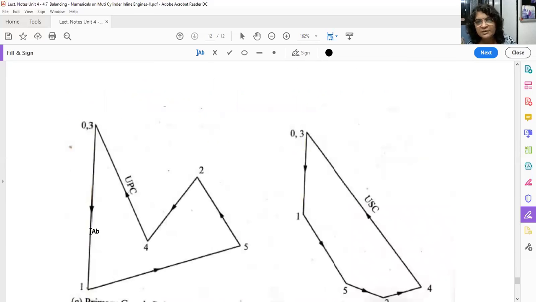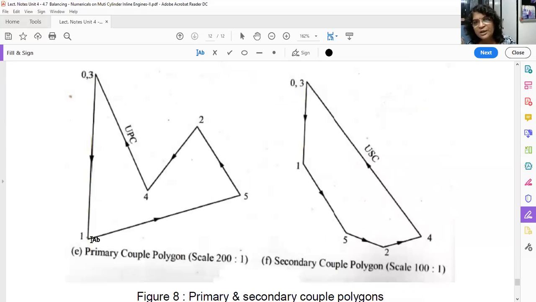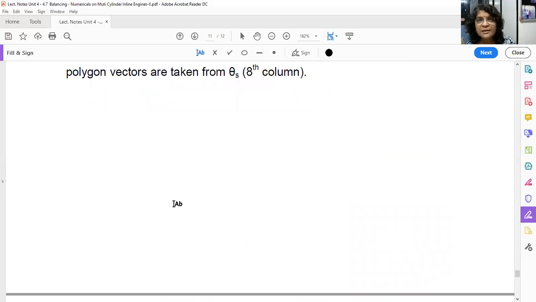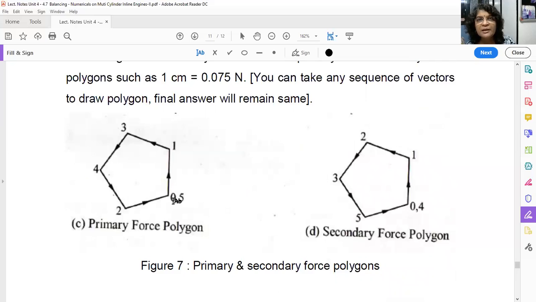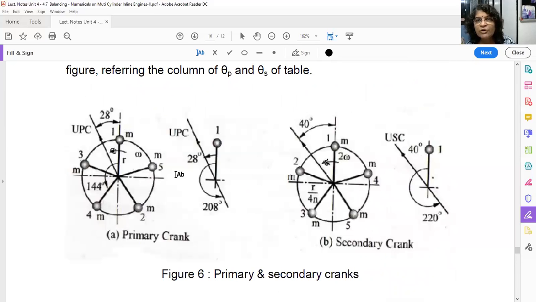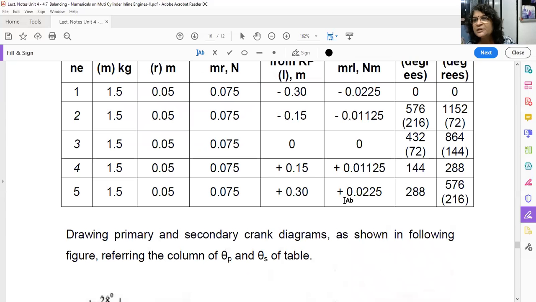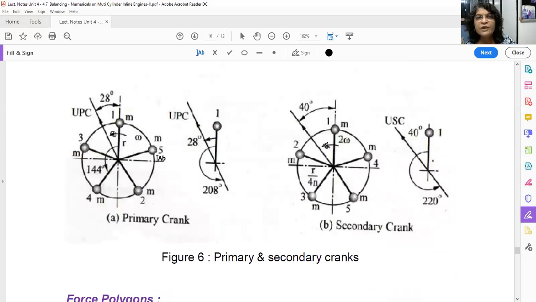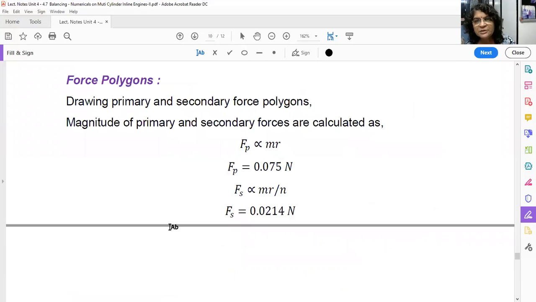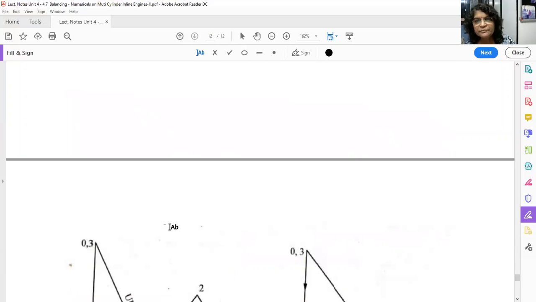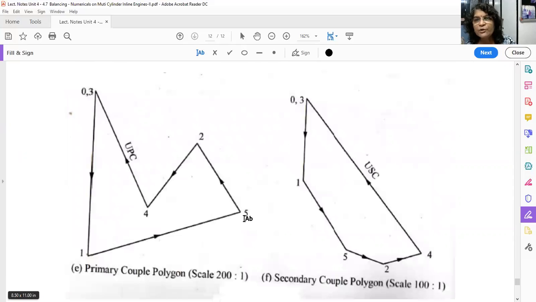0 to 1, taking a suitable scale, of course. Okay. Then we have drawn 1 to 5. 5 is positive. And what's the direction? See here. This is your direction. 5 here. What's the magnitude of 5? This is 0.0225. Okay. So we have drawn 5. Then we have drawn which vector? See here. 5 to 2. It is negative.